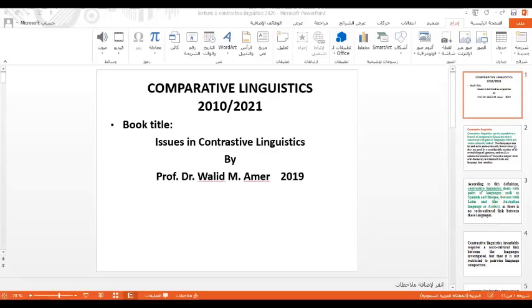So once you translate, you cannot translate sentence after sentence or word after word. This will be called literal translation, which is not acceptable. We need to see the style of English and the style of Arabic, and this will help every one of us to translate from Arabic to English or from English to Arabic.